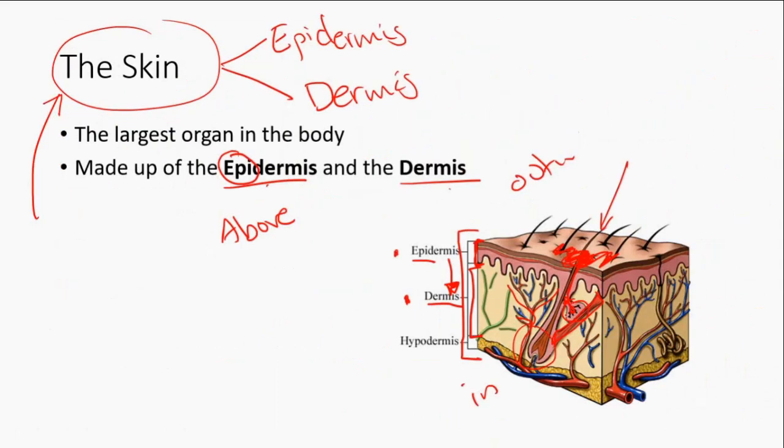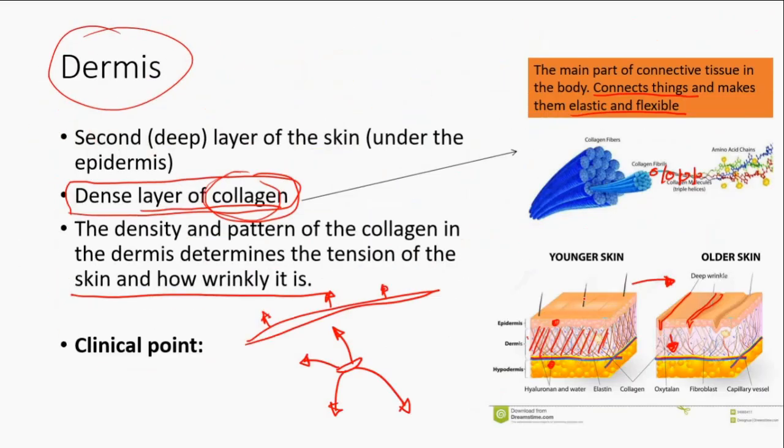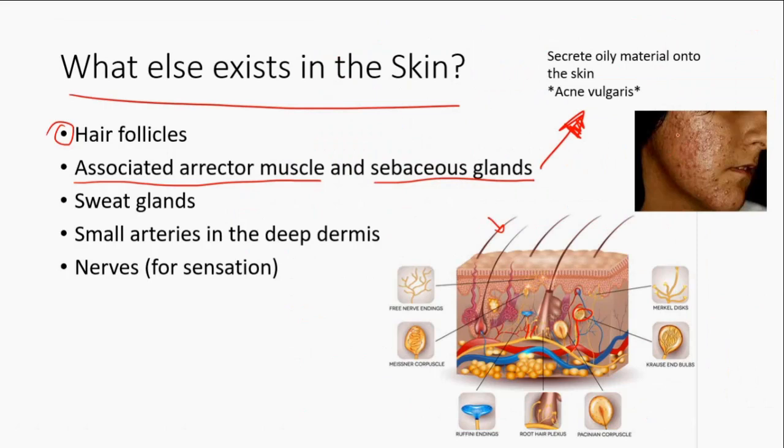All of the oil collects, and then it gets infected. When it gets infected, that's when you get something known as whiteheads or blackheads, and that's essentially what acne is. If you look here, this patient has so many of these blackheads or whiteheads, and it's because their sebaceous gland is blocked and infected.